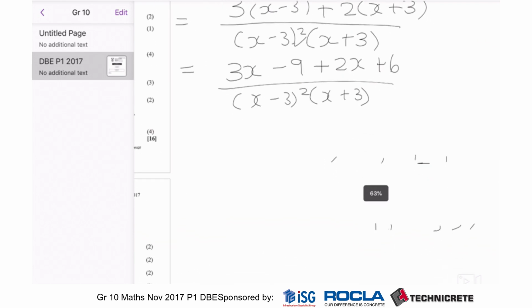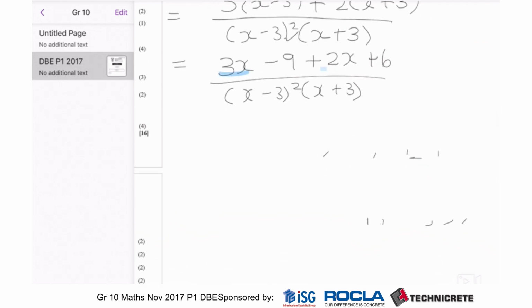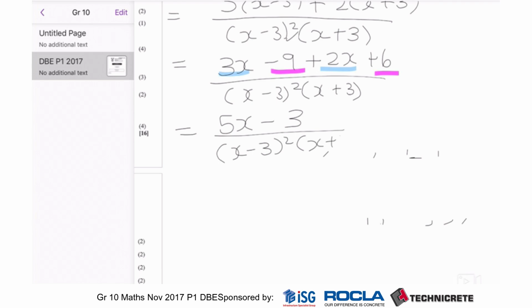Okay, some like terms we can subtract and add so that we can simplify as much as possible, and then we're going to have 5x minus 3 over denominator stays. X minus 3 squared, x plus 3.